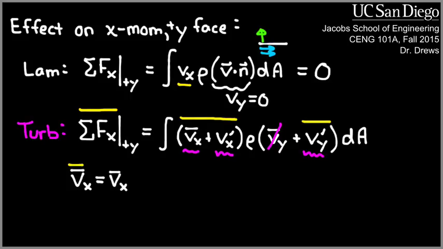It doesn't matter if I average an average, I still get an average. If, however, I time average the fluctuating quantity, this would be 0, because the quantities are fluctuating completely randomly. It spends as much time above the average as it does below the average, and that's true for any one of these fluctuating values. So that's also equal to vy prime, average. There was a very important assumption by Prandtl, which gives us our way forward.